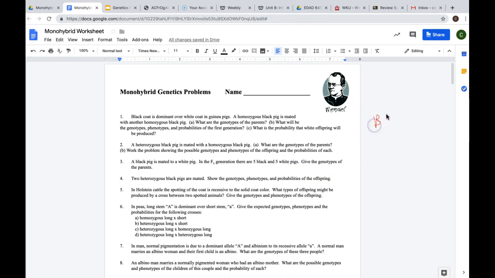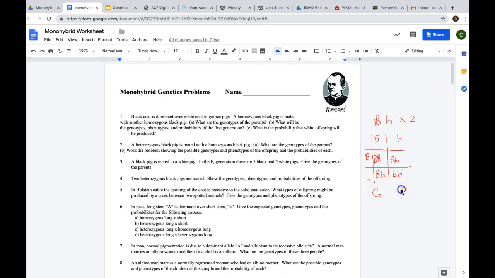So we have heterozygous black pigs times 2. Here we're going to have big B, big B, big B, little b, big B, little b, little b, little b.